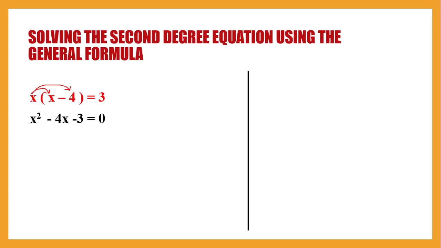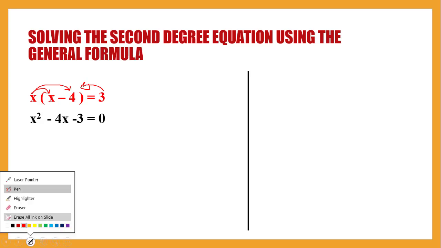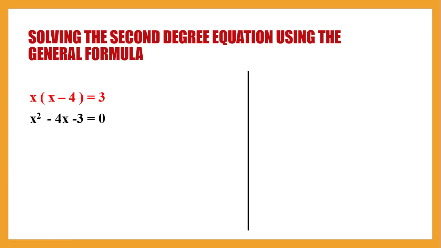Now we have x power 2 minus 4x, and then get 3 to the right hand side, it will be negative 3. So we have x power 2 minus 4x minus 3. Now what is a? A is the coefficient of x power 2, which is 1 here. B is the coefficient of x, which is negative 4, and the absolute term c is negative 3.